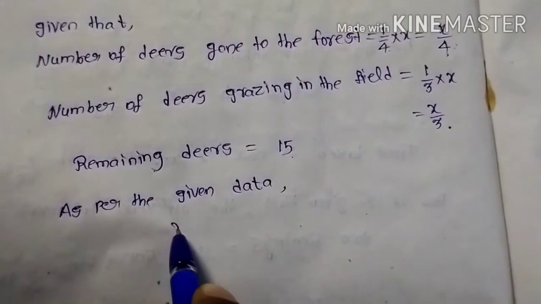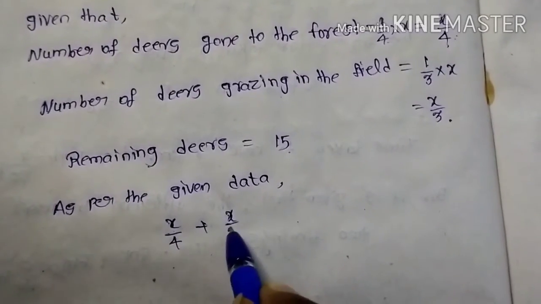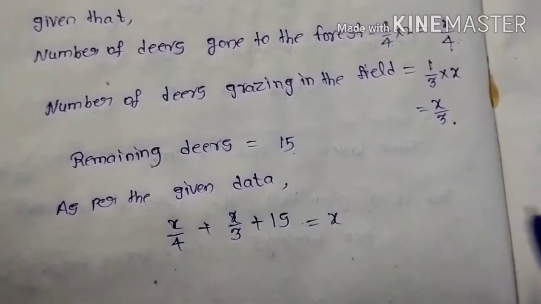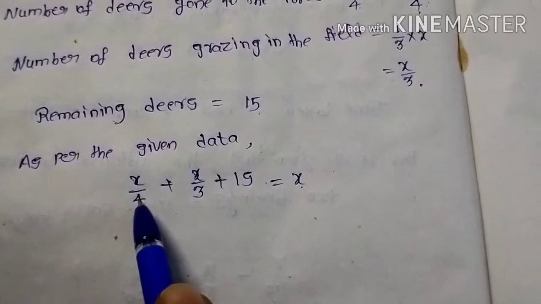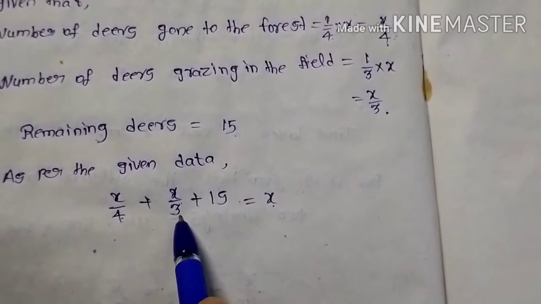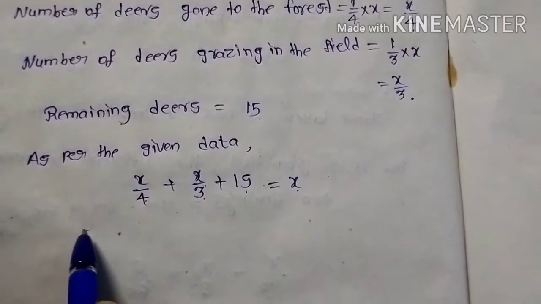As per the given data, just you can add these all the three categories. That means you can write here x by 4 plus x by 3 plus 15 is equal to total number of deer. Yes or no? In the total x only, 1/4 of deer are gone to the forest, 1/3 are grazing in the field, 15 are drinking water. Now you can simplify it.